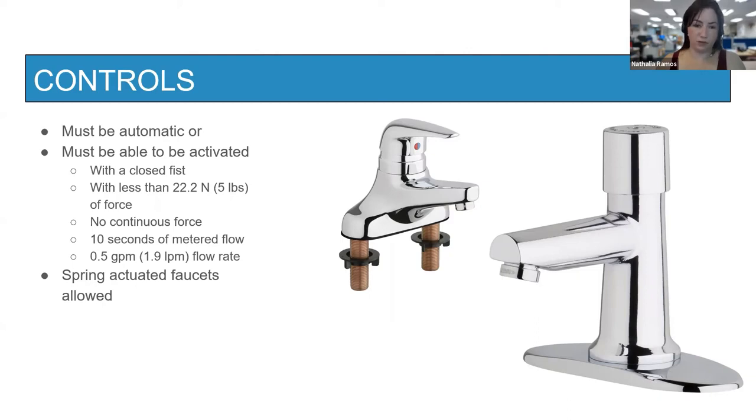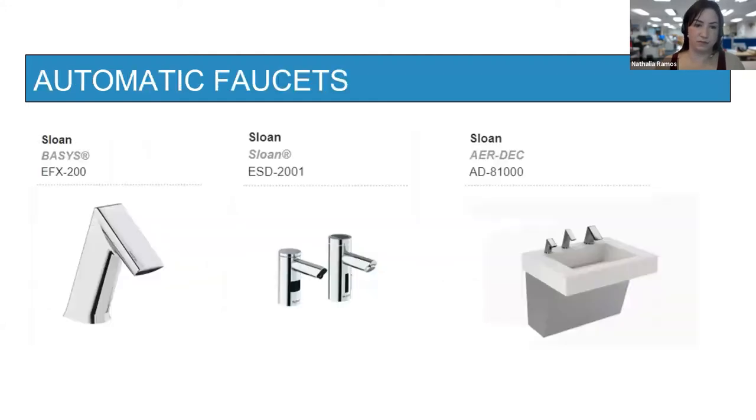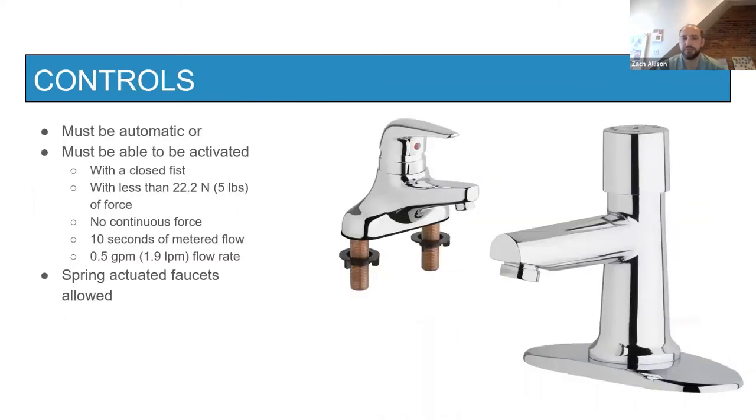What we have new from the 2020, one of the 2020 changes, is that spring actuated faucets are now allowed. Just to provide a little bit of context, in the past, the push button metering type faucets were not allowed, as there was a comment specifically saying no spring activated faucets.